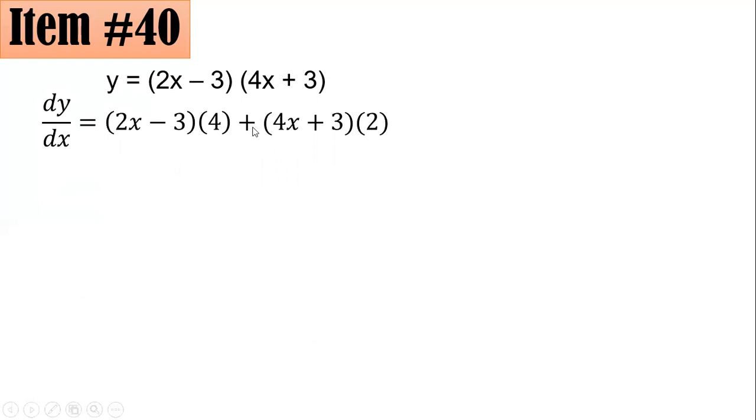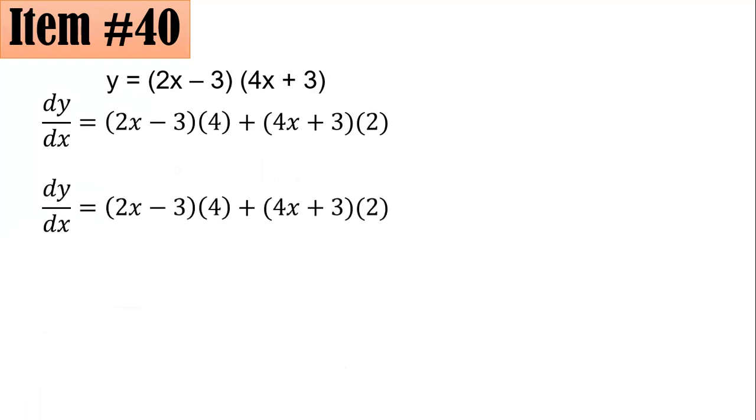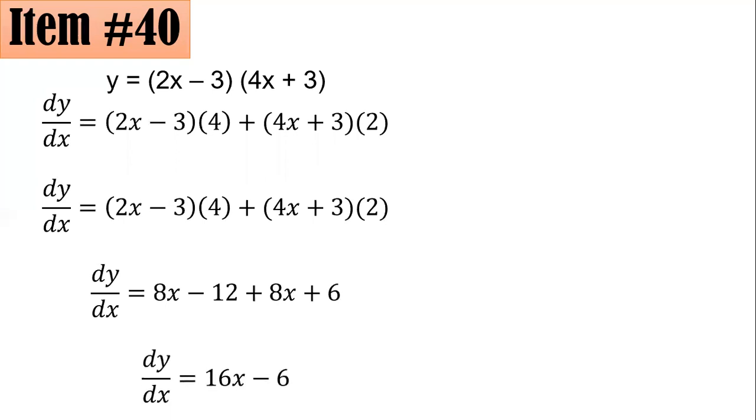Also, plus the second function, you copy the 4x plus 3, and multiply it with the derivative of the first function. The derivative of 2x minus 3 is 2, so we have here 2. And by distribution, we arrive at 8x minus 12 plus 8x plus 6, and the first derivative is 16x minus 6.